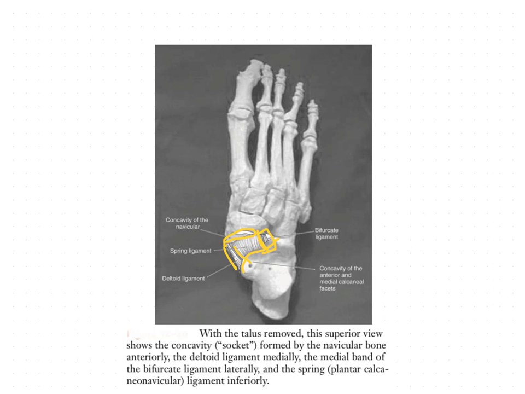If you see the anatomical structure, we can't see only the articulation of the navicular with the talus. It is also related with the calcaneum, because the talus also articulates with the calcaneum, and the navicular and the calcaneum also have a ligamentous relationship.